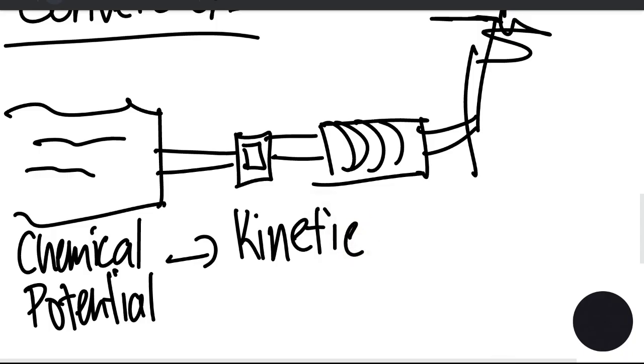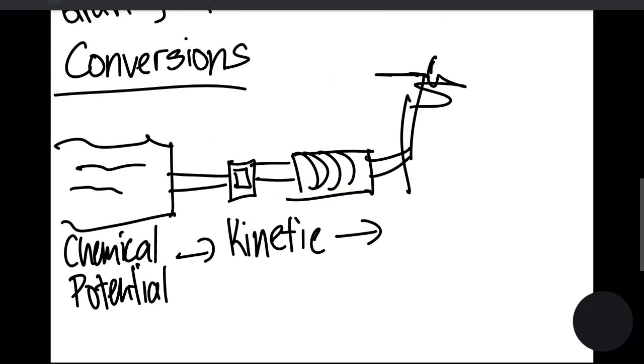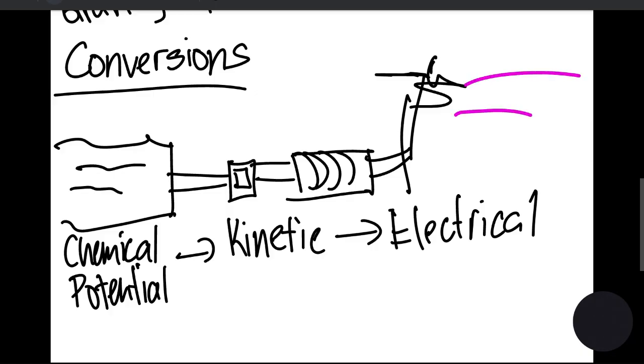Then it is regenerated. After that, I don't remember the process, but let's say this whole thing is kinetic because it constantly moves. And after that, it is being produced as electrical, which is then given to all the houses.